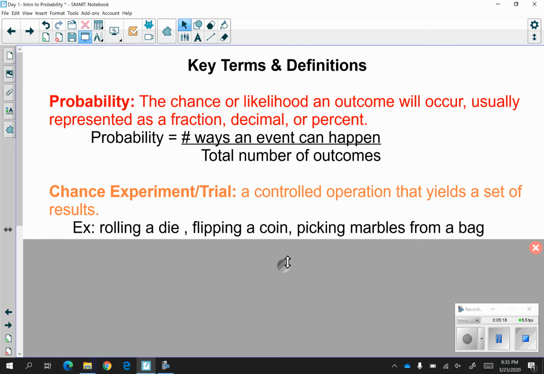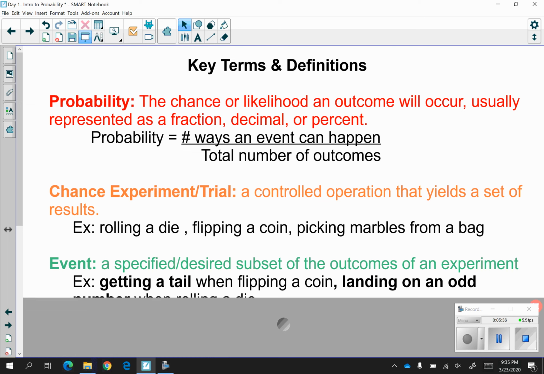The next one is a chance experiment or a trial. It's a controlled operation that yields a set of results. So rolling a die is an experiment you can set up, flipping a coin, picking marbles from a bag. It's an experiment that you set up to test things out.